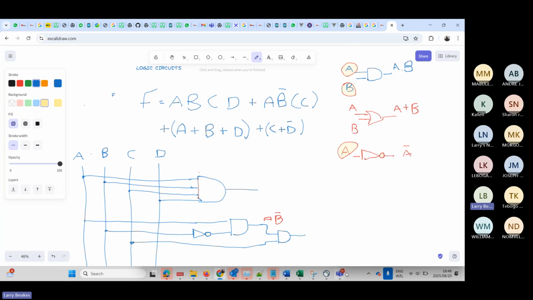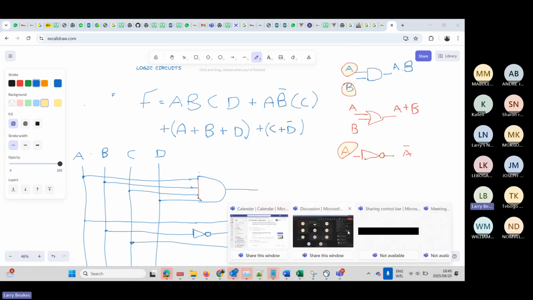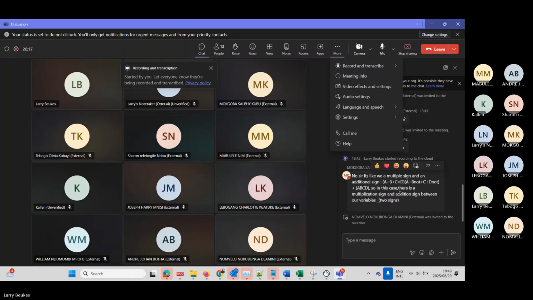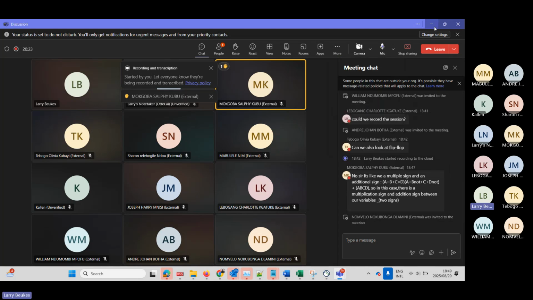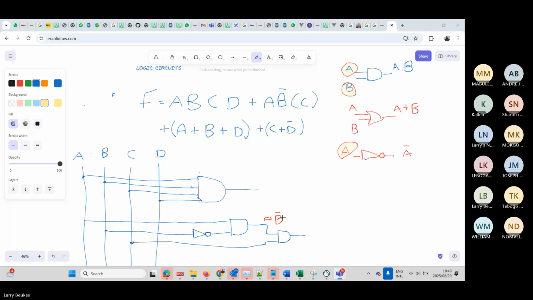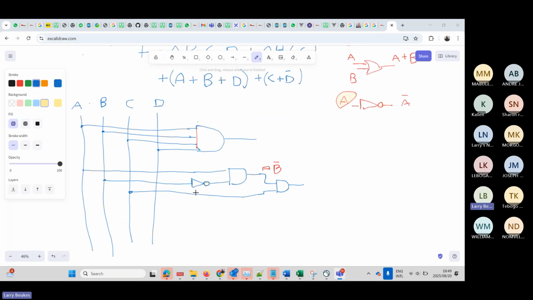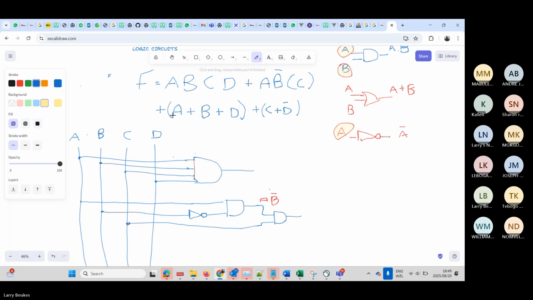So just to answer this one a bit. So here we have this one, right? So we have A or B or D. So it means it's a 3-input OR gate because of this plus signs, right?